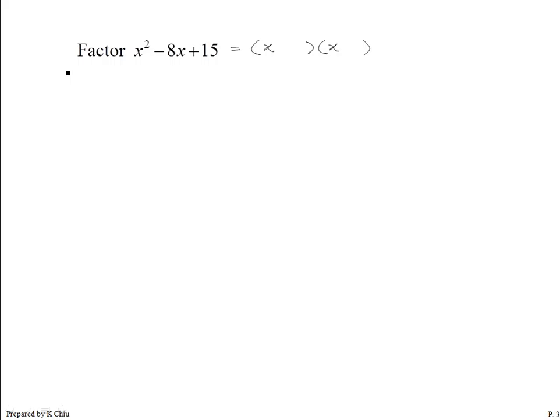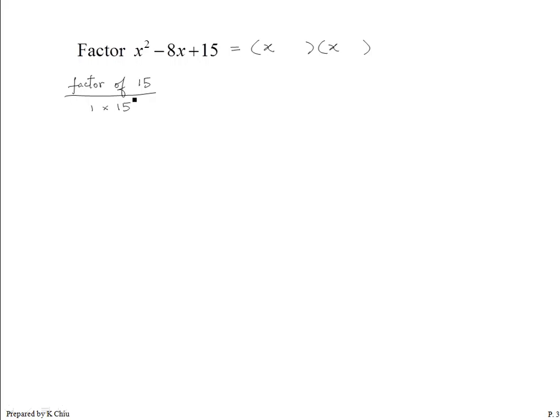So let's list out all the possible pairs first. Let's find the factors of 15. Let's start with 1, because 1 can go into anything. So I have 1 times 15. Then 2.